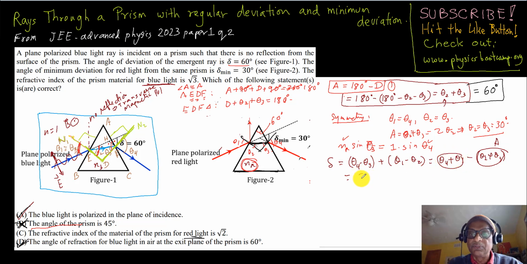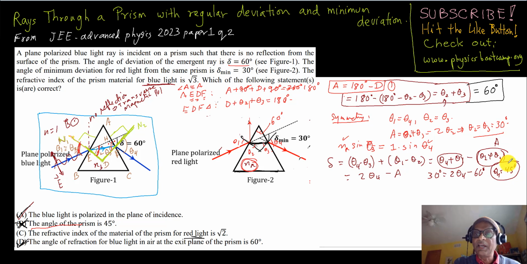So 2 times theta 4 minus A. So if the delta was 30 degrees, over here you have 30 degrees equals 2 times theta 4 minus A, which was 60 degrees. So if I bring it to the other side, theta 4 equals 45 degrees.